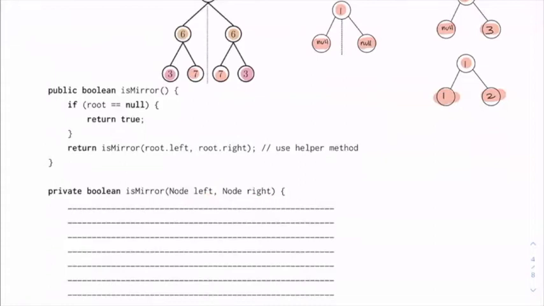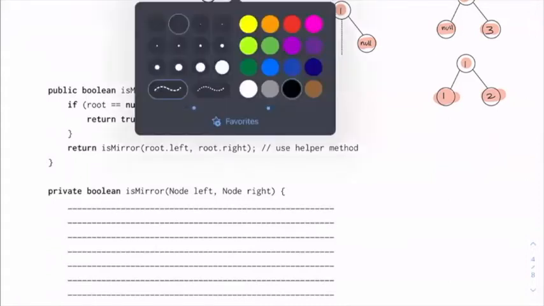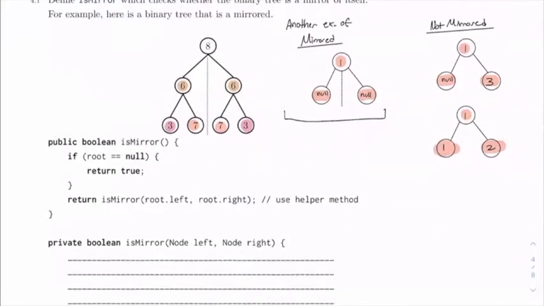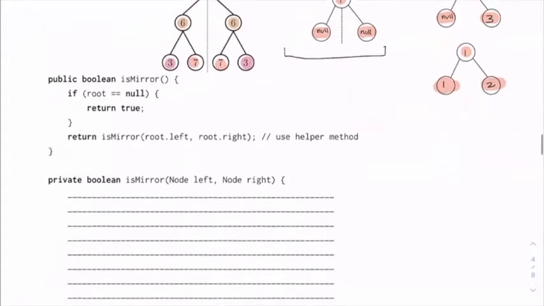And let's first go into the base cases. So looking at the base cases, we have this example here that seems like it might be the perfect base case for when something is mirrored, which is when the left and the right nodes are both null.